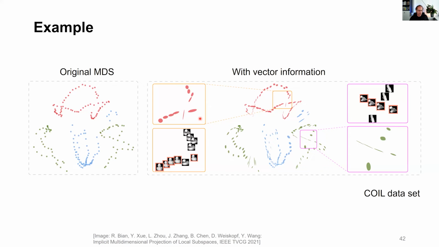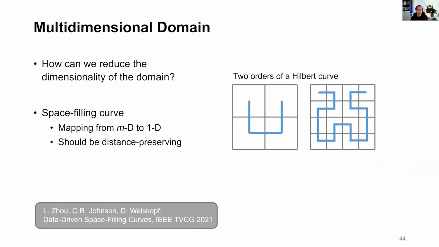All right. Let me now switch to a slightly different topic. And here I want to discuss the linking to the domain in a little bit more detail. And again, the idea is that we want to be able to understand a multidimensional domain.